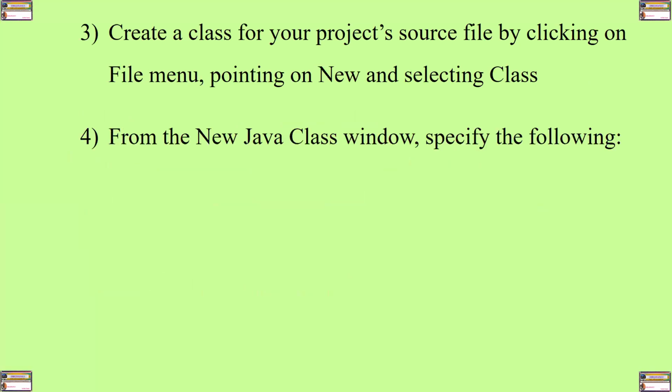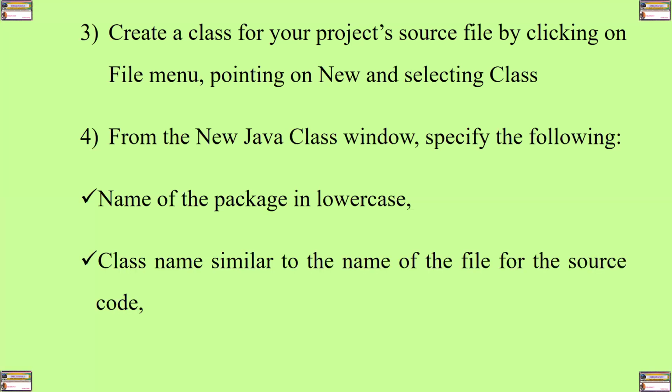From the New Java Class window that will be displayed, you need to specify the following. One is the name of the package, and this name should be in lowercase. Number two, you select the class name. Now the class name should be similar to the name of the file for the source code.